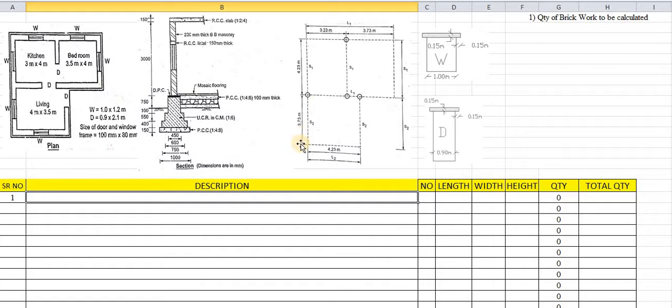In this way, we have drawn the center line plan. We have calculated all the horizontal distances and all the vertical distances in each room, along the x direction and along the y direction.